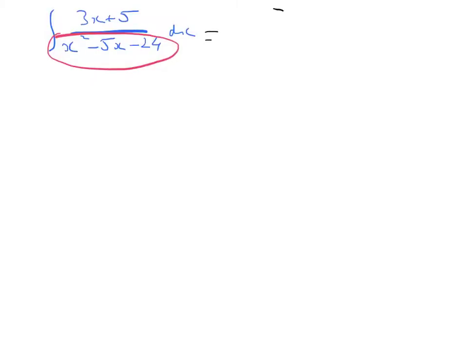First of all, we need to say that 3x plus 5 over x squared minus 5x minus 24 can actually be written as 3x plus 5 over, and what we're looking for here is to factorise that. So you've got factors of 24, which is 8 and 3. We need to end up with a negative 5, so it's minus 8 plus 3.